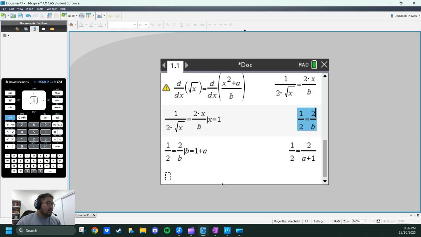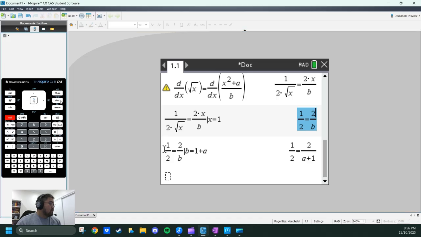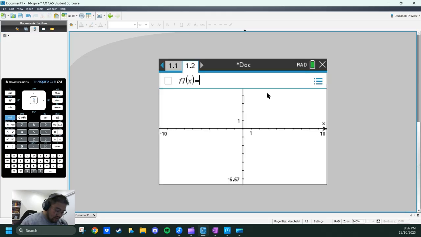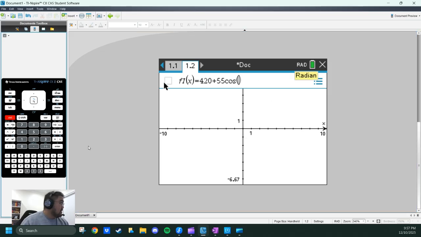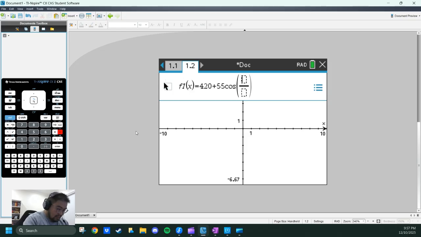So let's see if we can go into new page, graphs, and we've got 420 plus 55 cos. Every time I type a trig thing in, I'm just keeping in mind, is it radians or degrees? It's radians, good. So cos pi over 26.